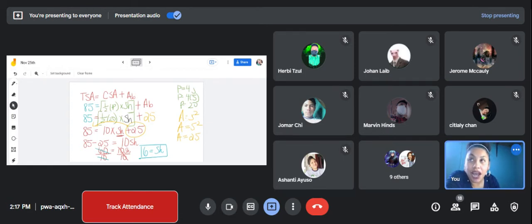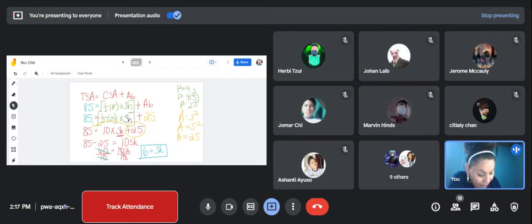And last year in second form, we did some algebra. So if you have all of those notes, please find them so that when we have class, you can brush through your notes.